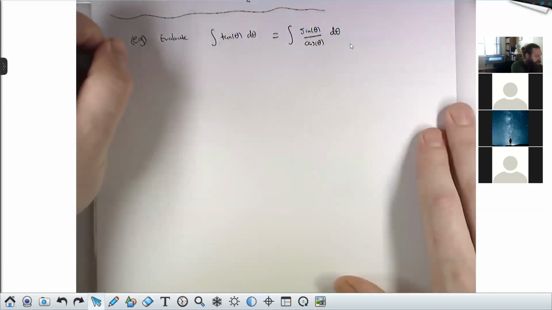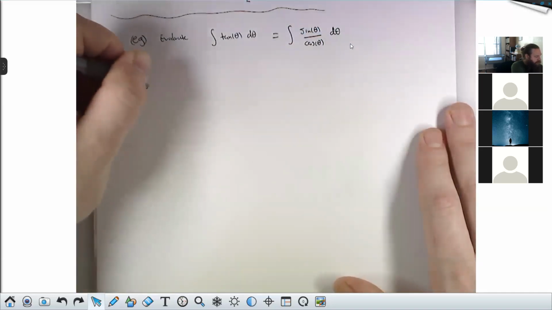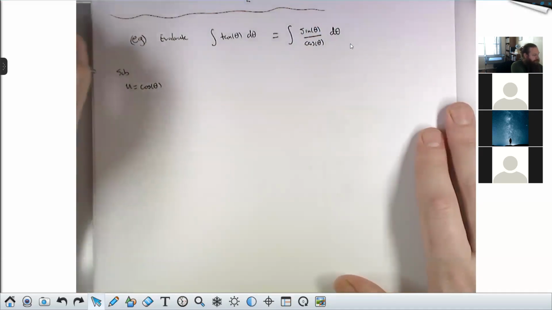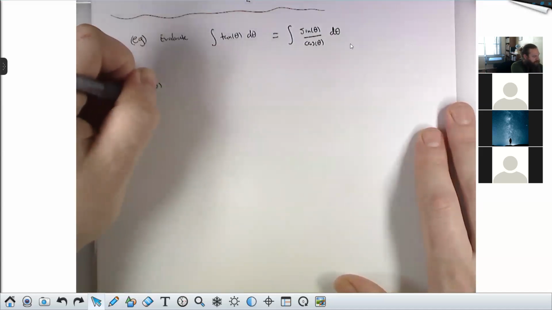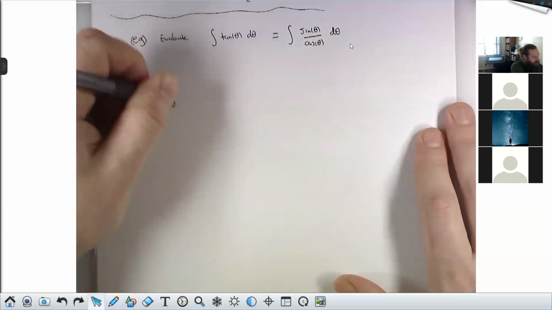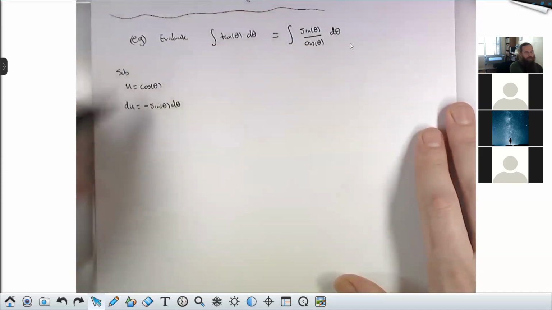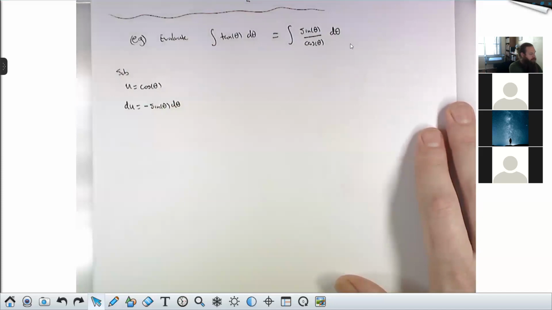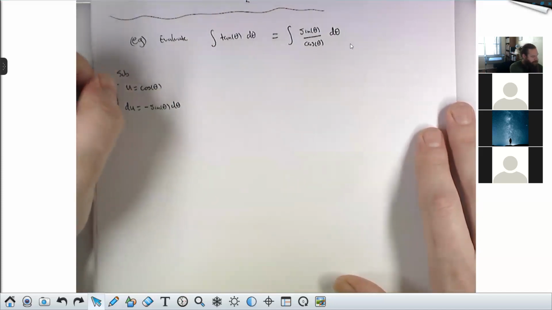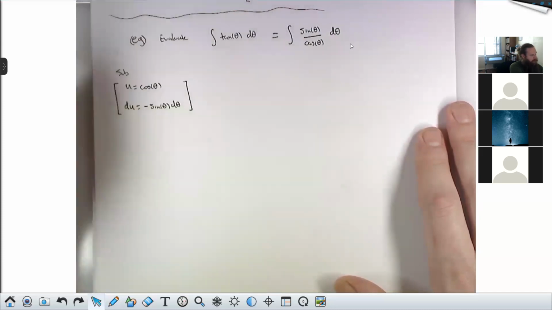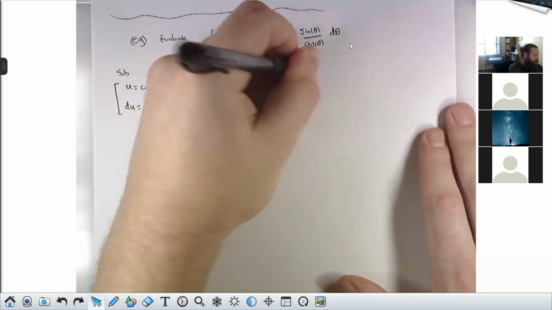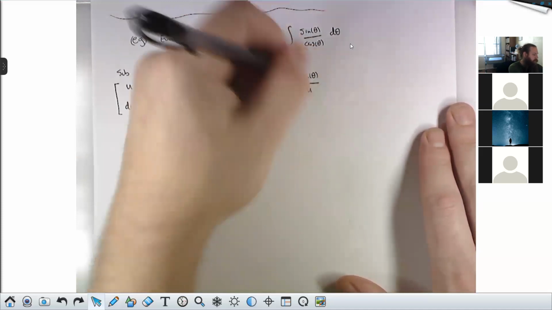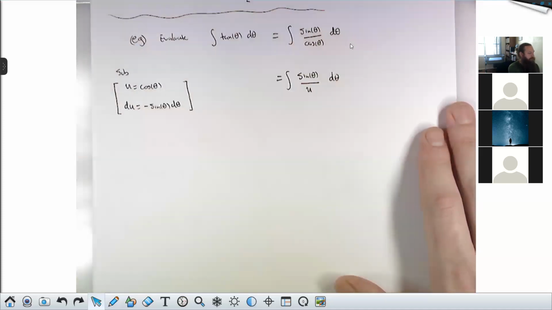So we're going to sub u equals cos theta. And that means du is going to be the derivative of cos theta, which is negative sine theta d theta. Make sure you keep straight which one's integral, derivative, positive, negative. So here's my little substitution box. If I plug in u for cos theta, I get the integral of sine theta over u d theta.